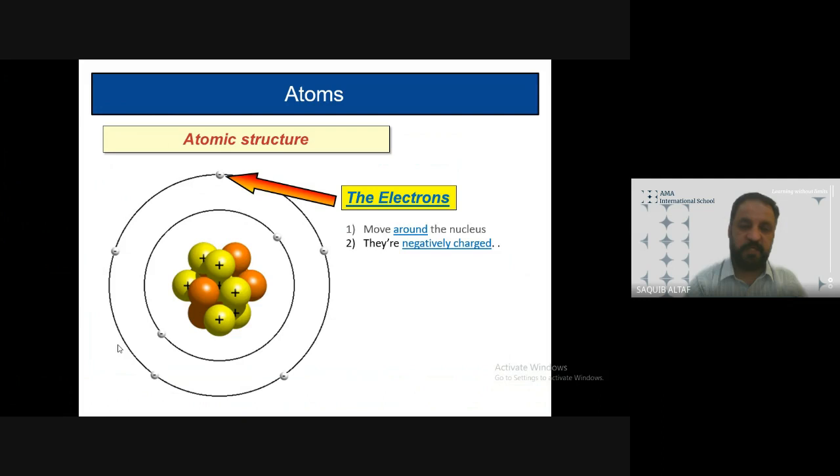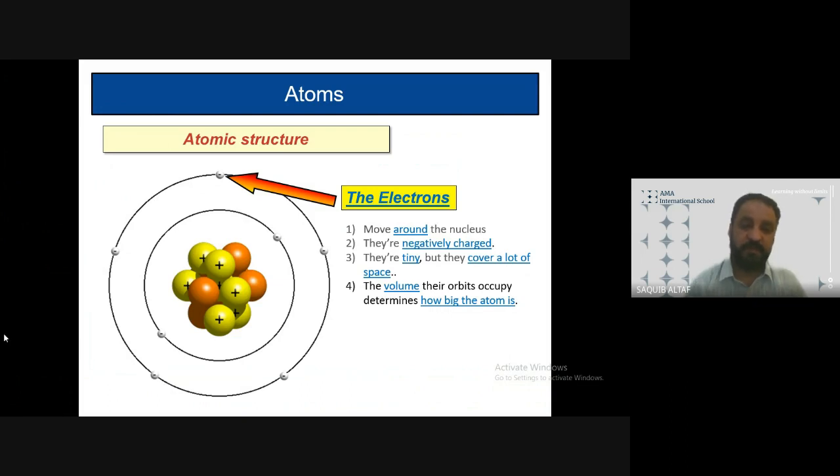Individually, electrons are negatively charged and tiny, but they cover a lot of space. Why? Because they are far away from each other. That's why they occupy a lot of volume. So it means that this atom is big.